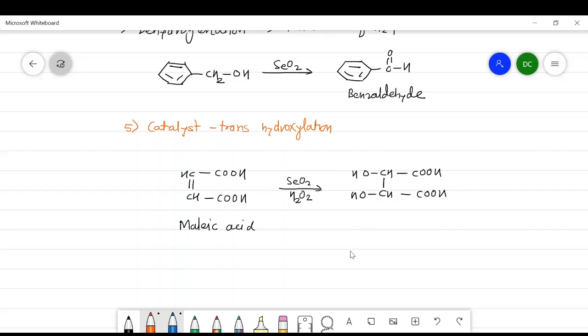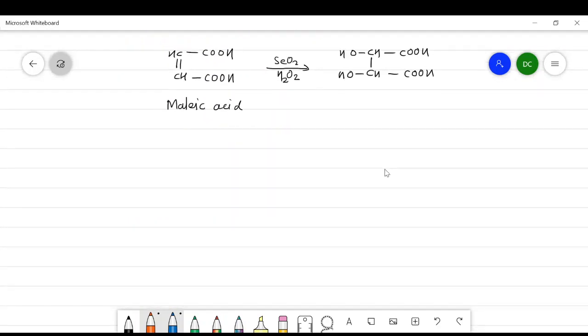This trans-hydroxylation occurs in oleic acid also, and oleic acid is converted into a dihydroxystearic acid. In oleic acid, there are 18 carbons, including a COOH group. Here there is a presence of the COOH group.